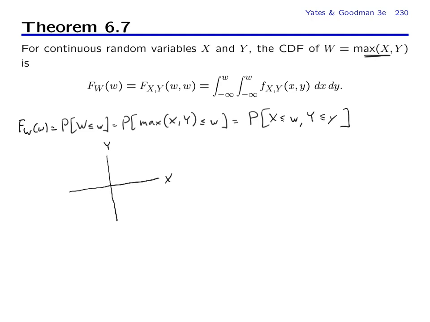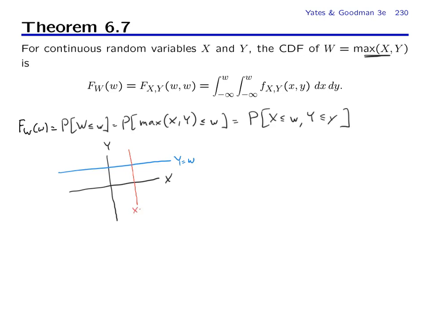We have the region y less than or equal to w, which is all of the y values below the blue line, which is just y equals w. And then we have all of the x's to the left of the red line.